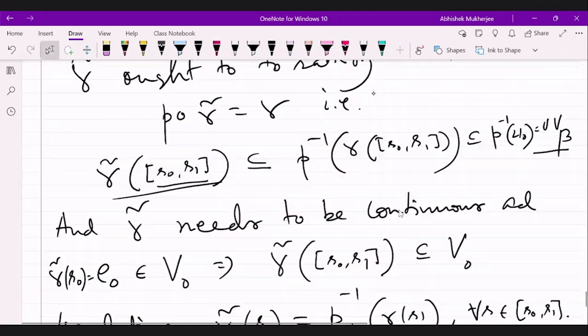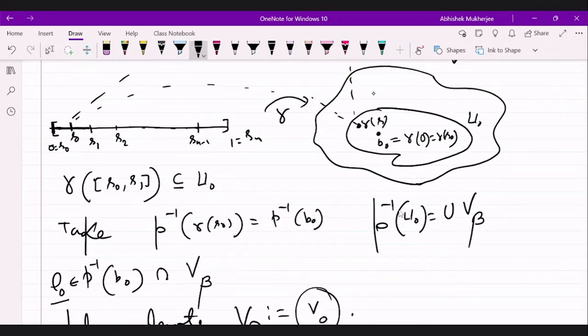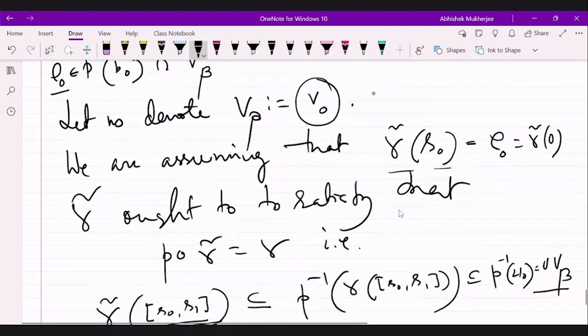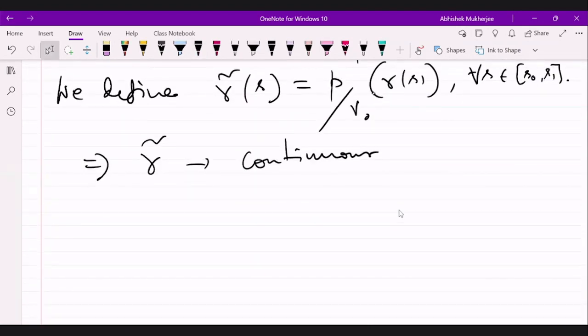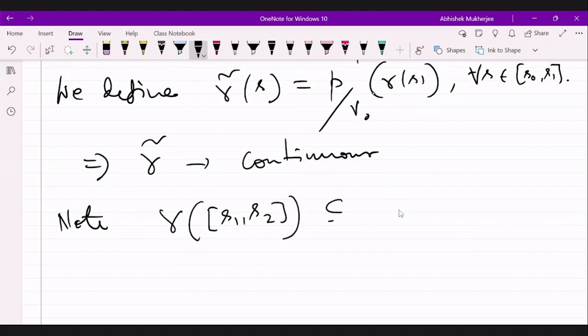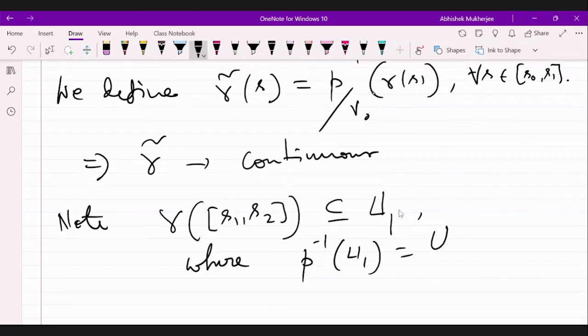So we will jump to the next one, that means from S1 to S2. And again, using the same arguments, note that gamma of this part is again in some U1, right? U1 is evenly covered by disjoint, let us call them, W betas.